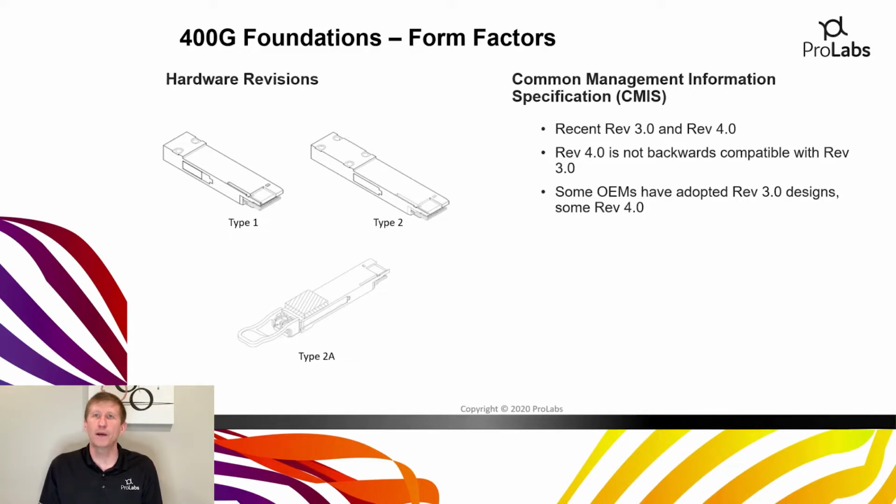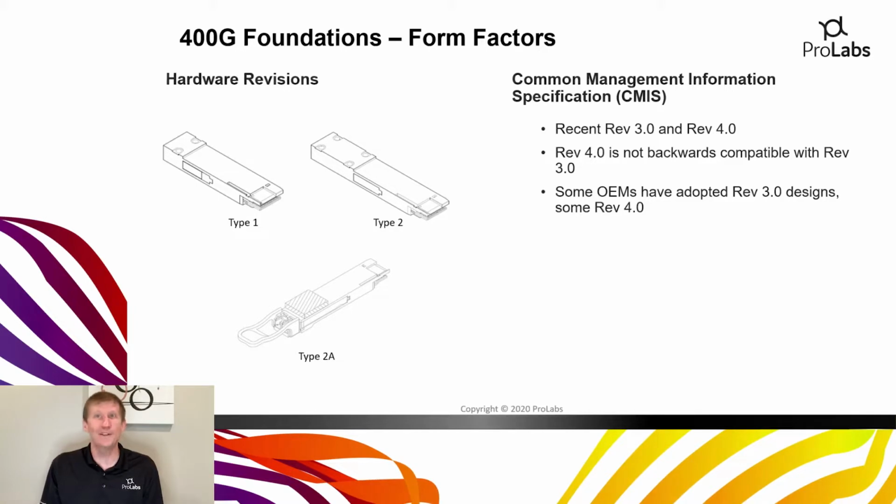To probably oversimplify the reasons why, you need to put more components into a package, so you may need a little bit extra space there. The Type 2A is a newer addition to take care of thermal management. I believe that's going to be in relation to upcoming 400 gig ZR things down the road, so it needs a heat sink on the top of it to take care of the thermal management.